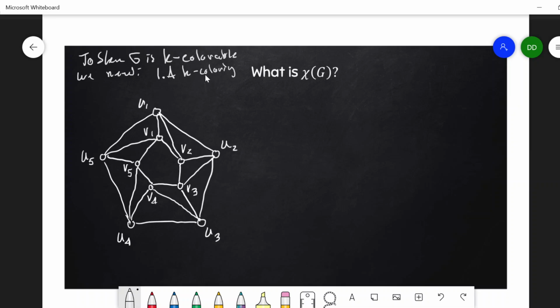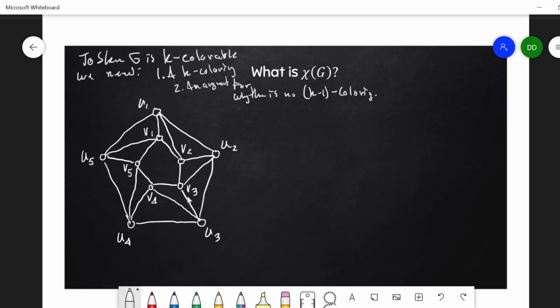Remember I said sometimes we're just going to say coloring, we mean proper coloring. So we need a k-coloring of the graph, and an argument for why there is no (k-1)-coloring.